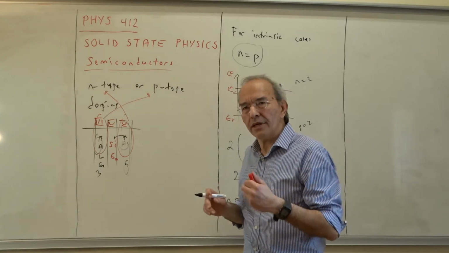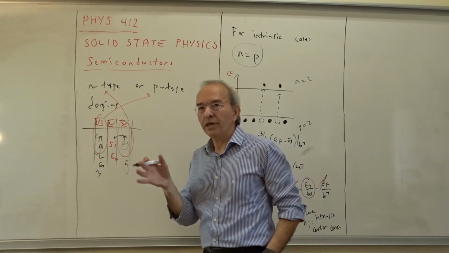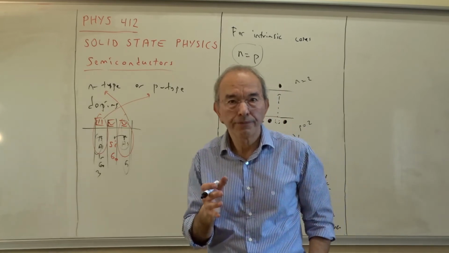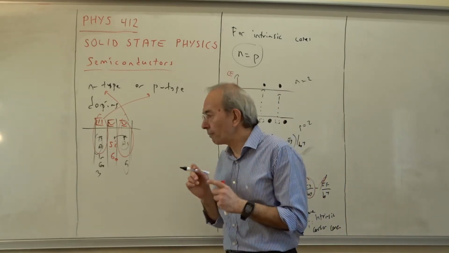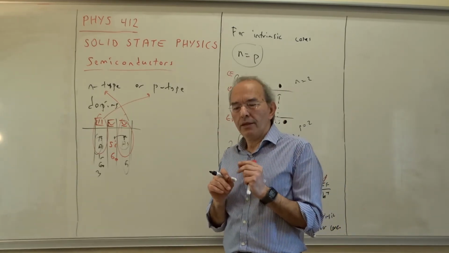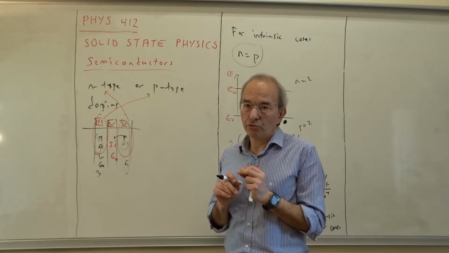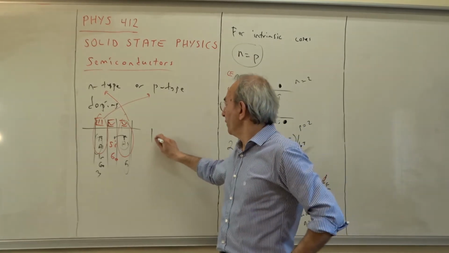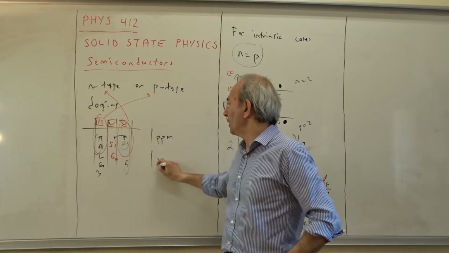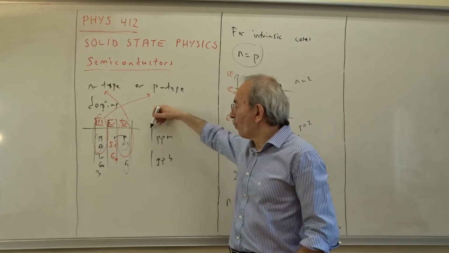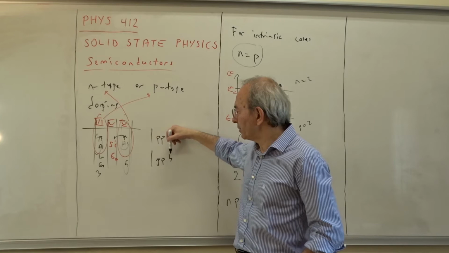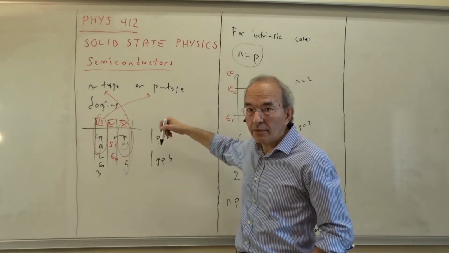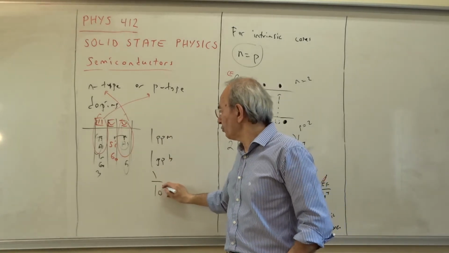And we have seen it again before, how they work. When you substitute with very small amounts, those amounts are, remember, 1 ppm, 1 ppb, 1 part per million, 1 part per billion, 1 in 10 to the 9.